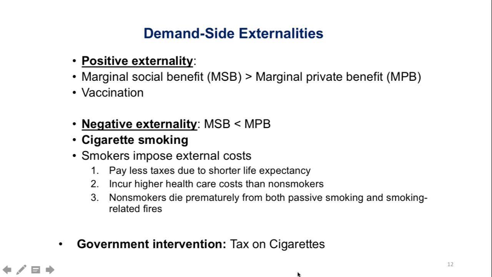So that's the government intervention, shifting the demand to the right and left for the demand side externalities. So remember, this is the demand side externalities.